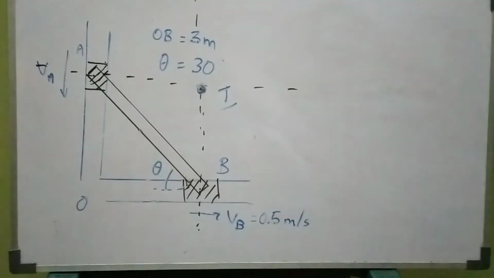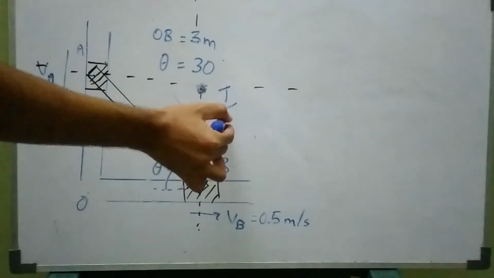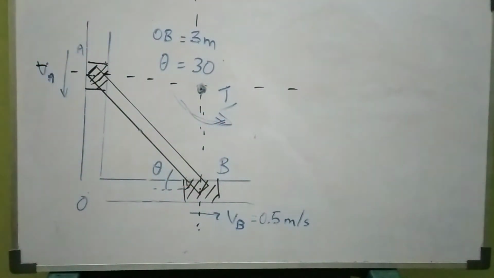This is not the end. They have also asked for the angular velocity at this instant. So how do we find that? As we all know, once we position the instantaneous center, the next step is to use the equation we have already derived.